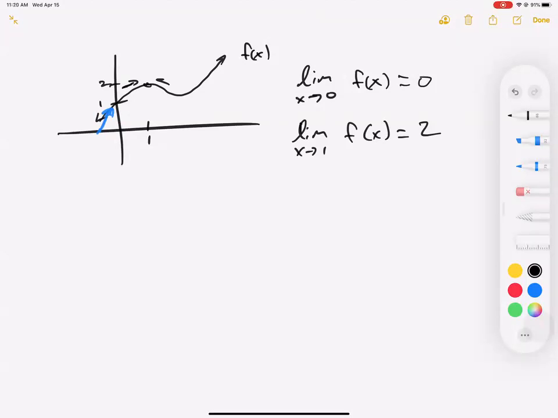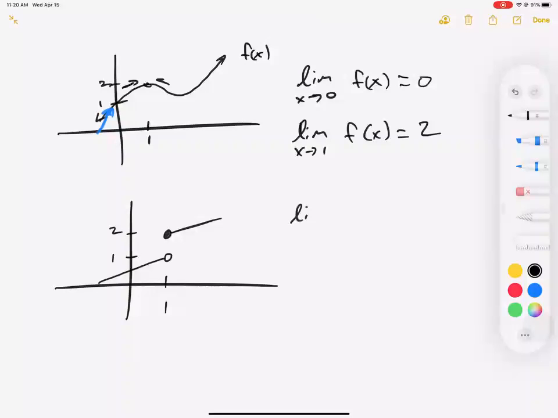Now, points that don't have limits. If I draw a graph and I'm going to draw this here, it's 1, and draw this as 2, and x is 1. The limit as x approaches 1 of f of x here, as we get closer to 1, not from one side, but from both sides, the left side and the right side.